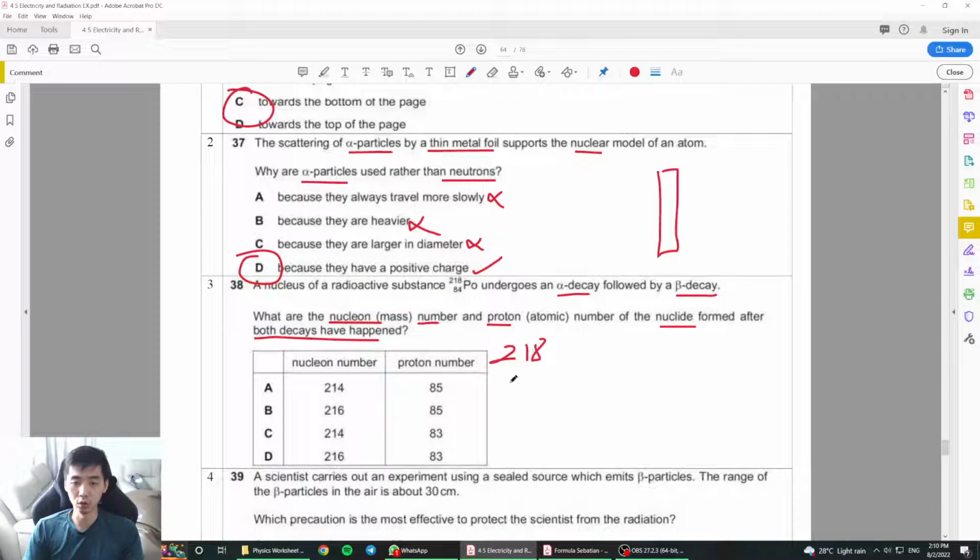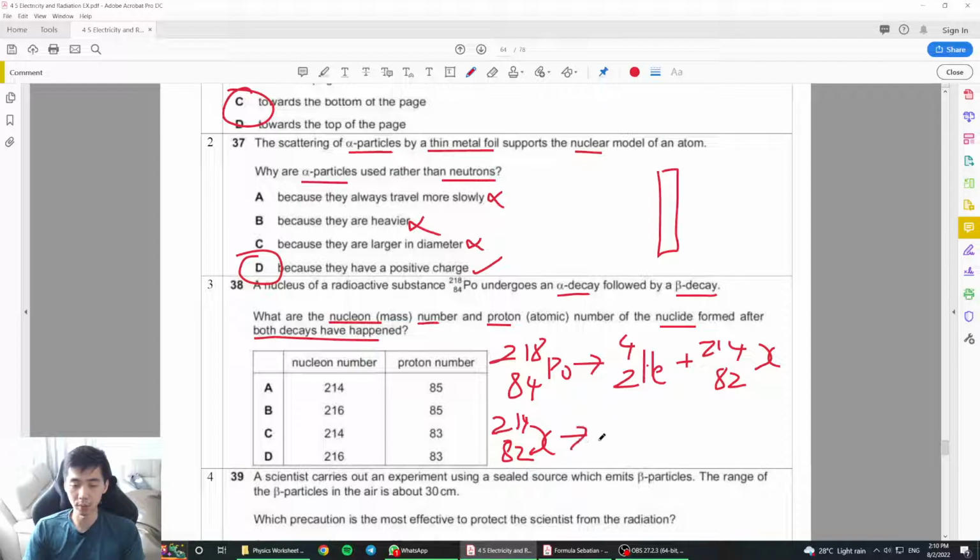It's always good to draw out the whole decay process. If it goes through alpha decay, first things first, it is going to spit out a helium particle, 4 and 2. From here it would have become 214, 82 and some random element, let's call it X first. This X element will yet again go through another beta decay, which is 214 and 82, right?